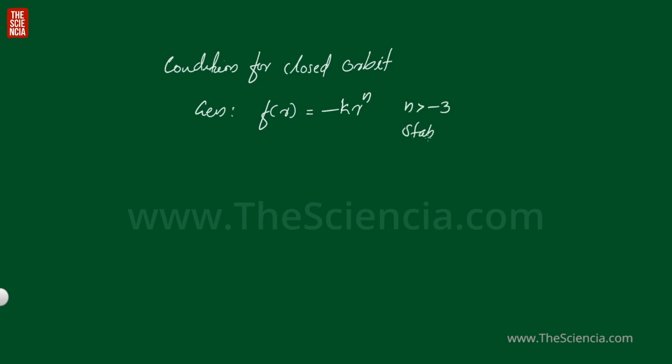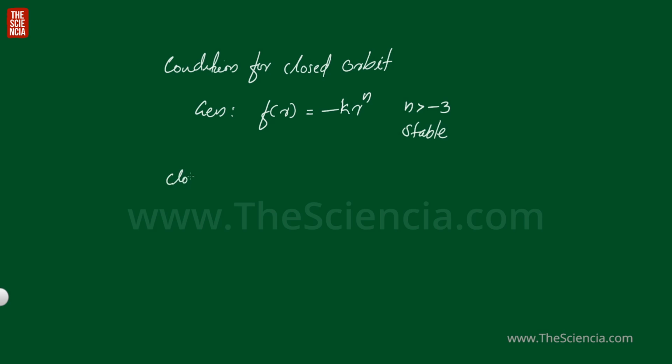Condition for closed orbit. The general form of force is f(r) equal to minus k r raised to n. Earlier we found that if n is greater than minus 3, it will be a stable orbit.